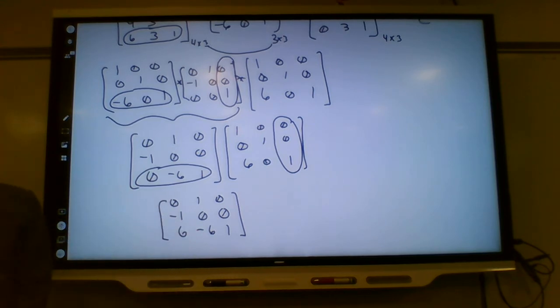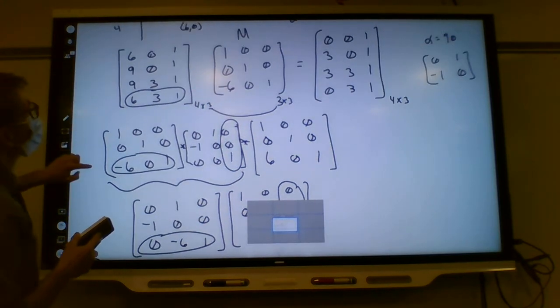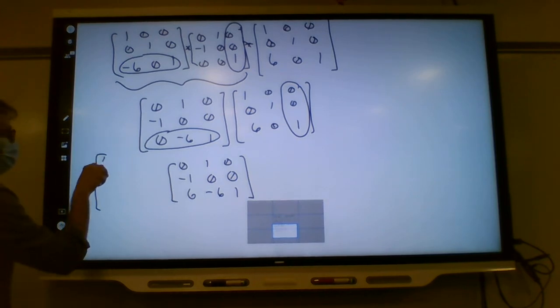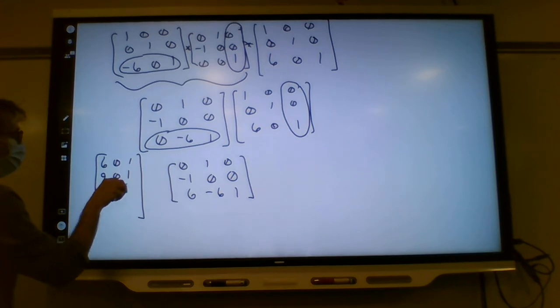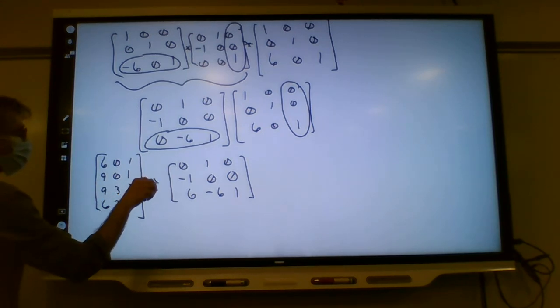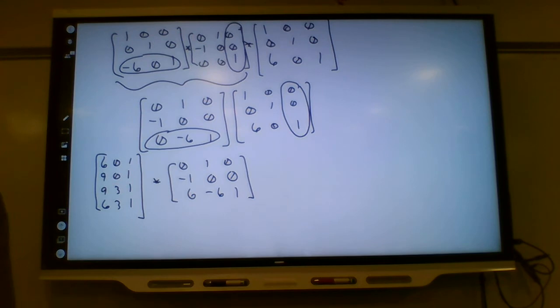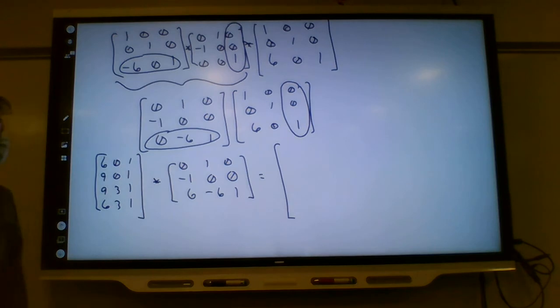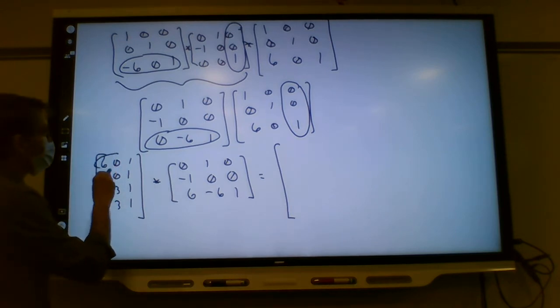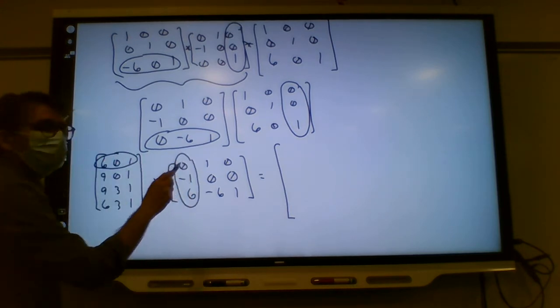Okay, but let's apply it to this. Let's see if we get the values that we want. First row, first column.